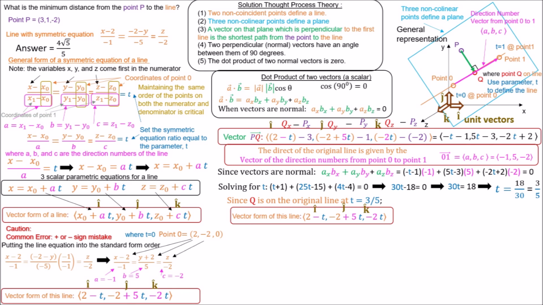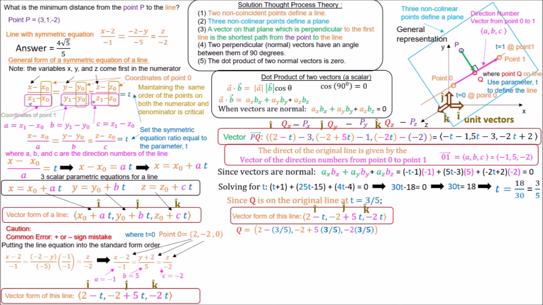So taking the vector form of the line, we know the i hat term is 2 minus t. So substitute now for t being 3/5. And then for the j term, it's minus 2 plus 5t. So minus 2 plus 5 times 3/5. And for the k hat term, minus 2 times 3/5.